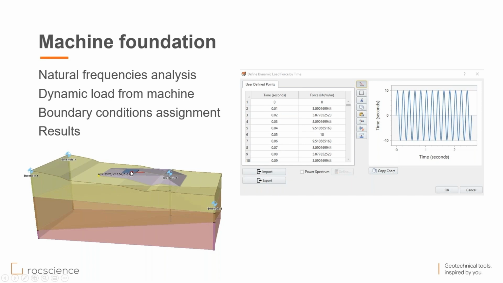In this demo, I will also cover the natural frequency analysis, and I will show another approach to determine the two different frequencies of the Rayleigh damping. I also show the boundary condition assignment for this typical problem when you have the source of dynamic load inside the model. And I will also show you the results in RS3.